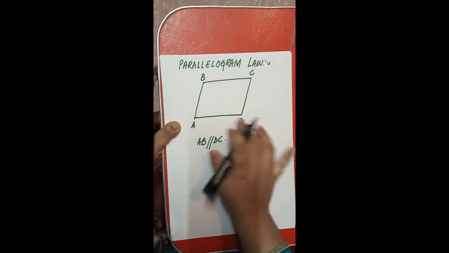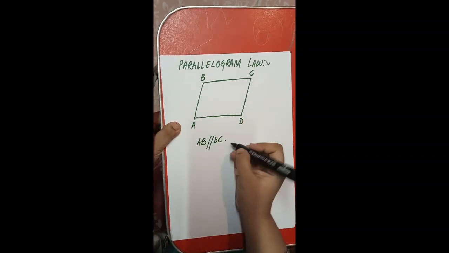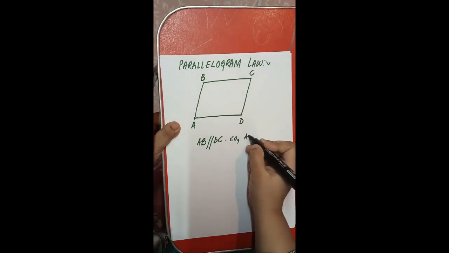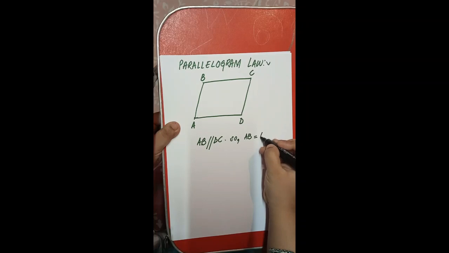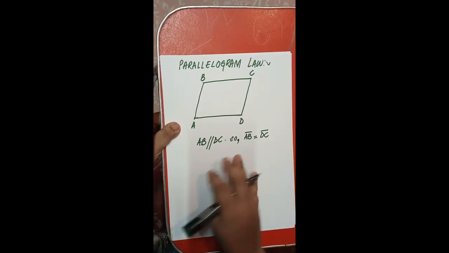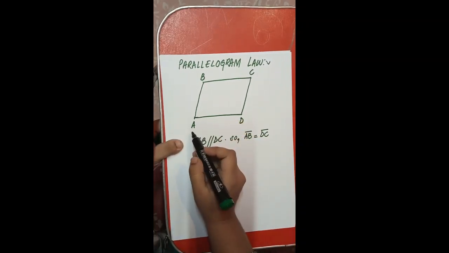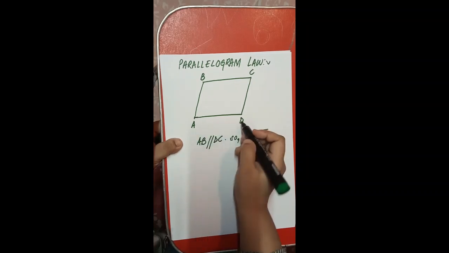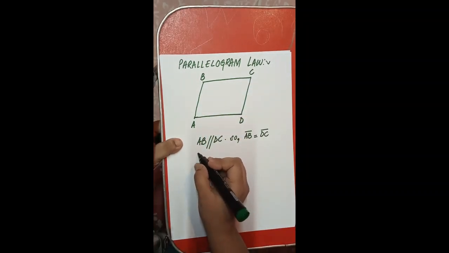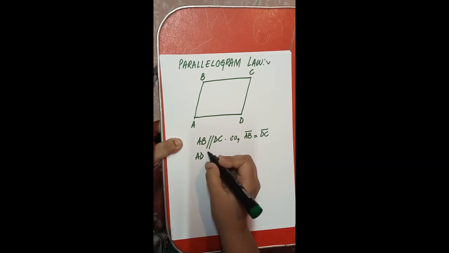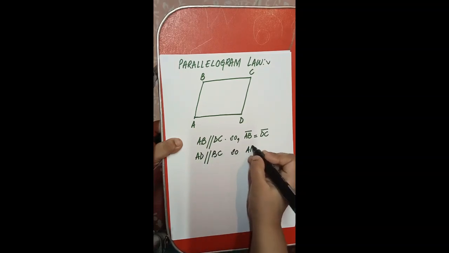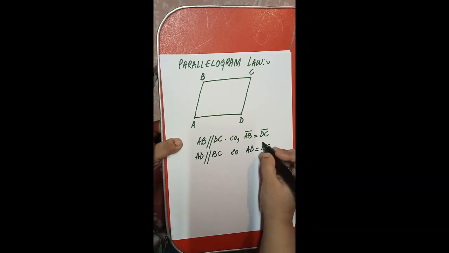Okay, done. If it is parallel to each other, what happened? The magnitude of AB is equals to the magnitude of DC. And obviously AD is parallel to BC in a parallelogram, so AD is equals to BC.